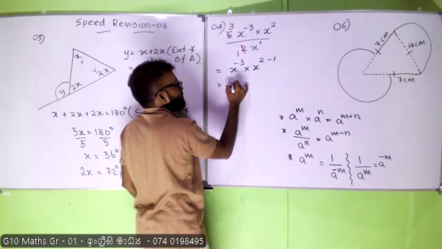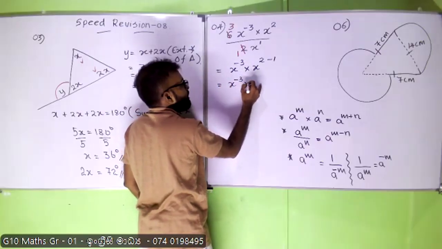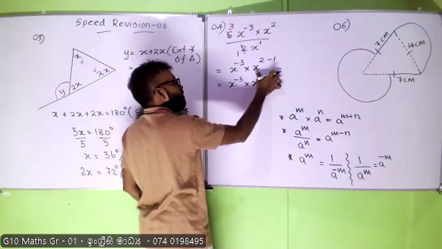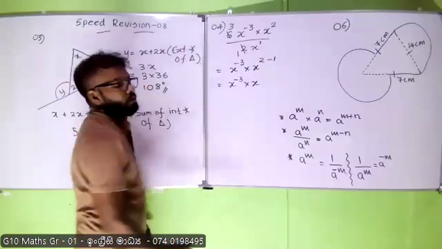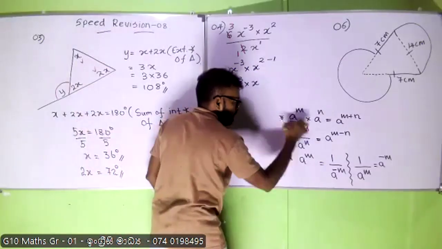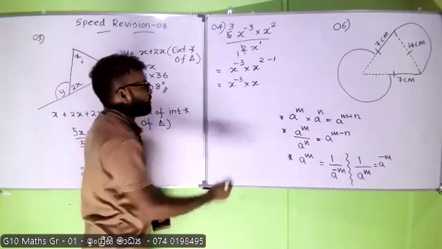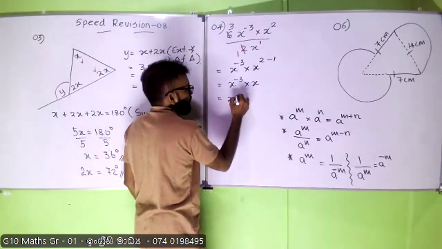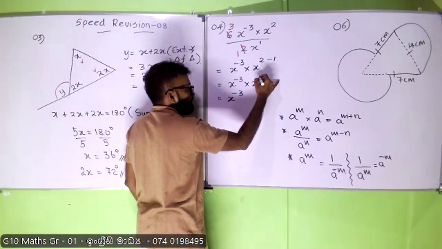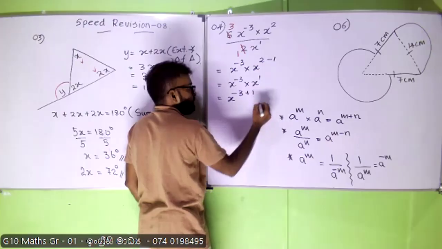So x to the power minus 3 multiplied by x to the power 2 minus 1, which is x to the power 1, so no need to write the power. Now this is equal to this one. First law: x to the power minus 3, same base, power is 1 plus 1.